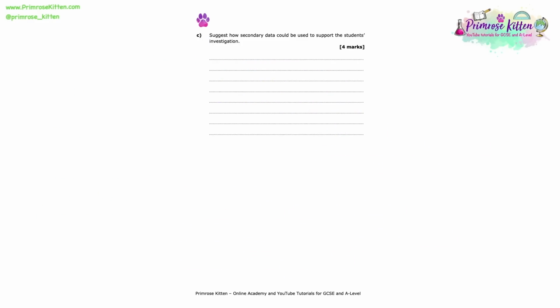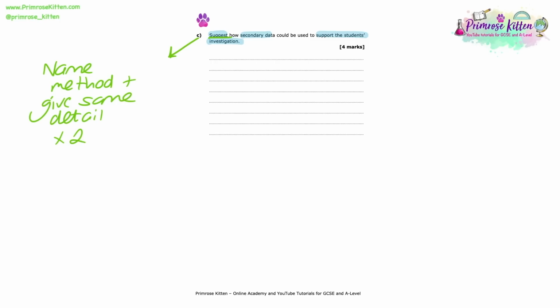Part C. Suggest how secondary data could be used to support the students' investigation, for 4 marks. To achieve full marks on this question, you need to identify at least 2 different methods and give some supporting detail for each.